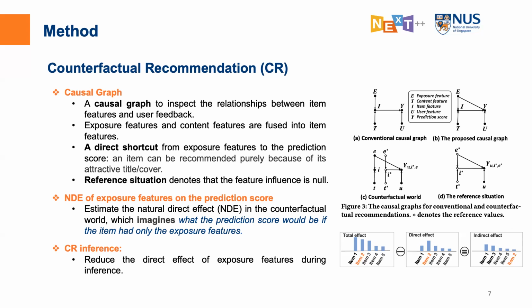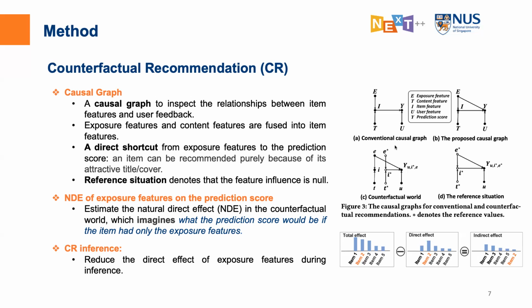And then during the recommender inference, we mitigate this kind of direct effect from the total effect, the original prediction of the recommender model. And then the clickbait item, for example, item 2, having a high prediction score in this direct effect, will have a low score in the final ranking score. Yeah, we will use this indirect effect as a ranking score.